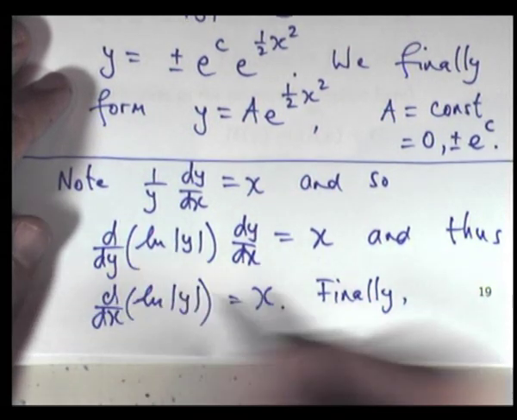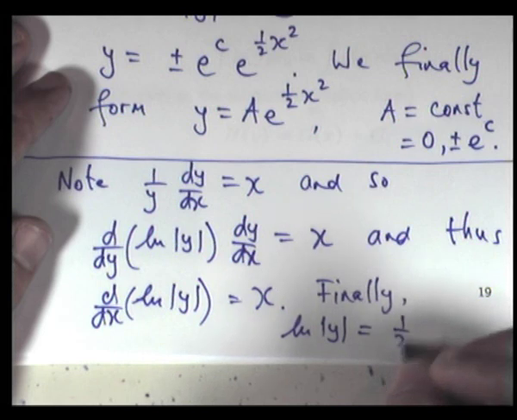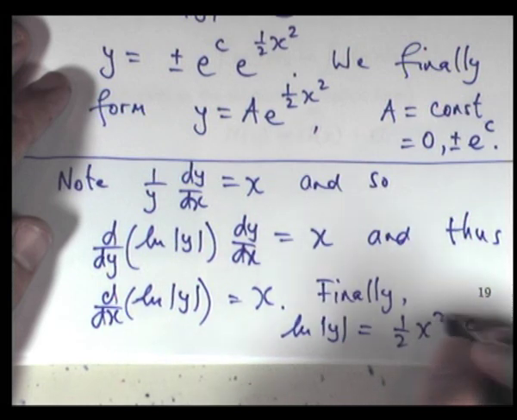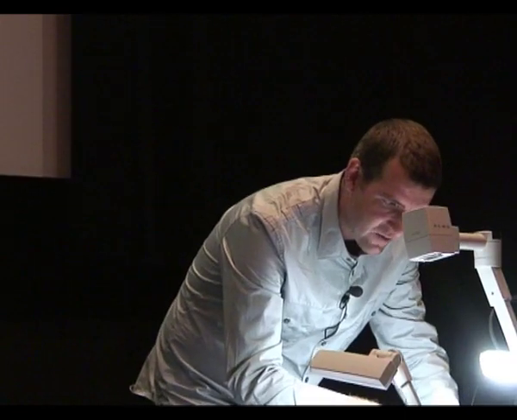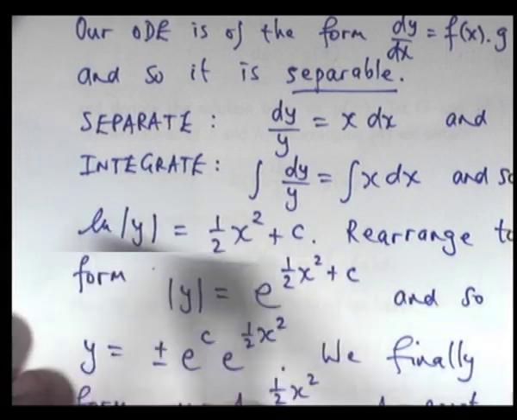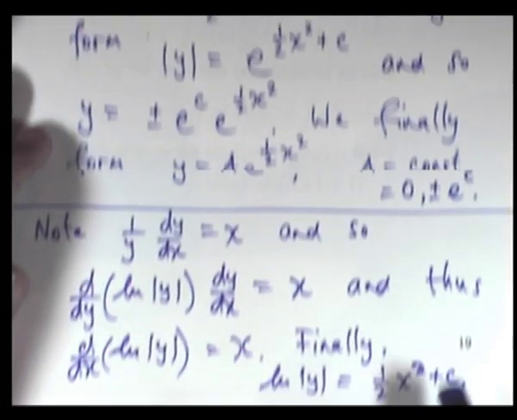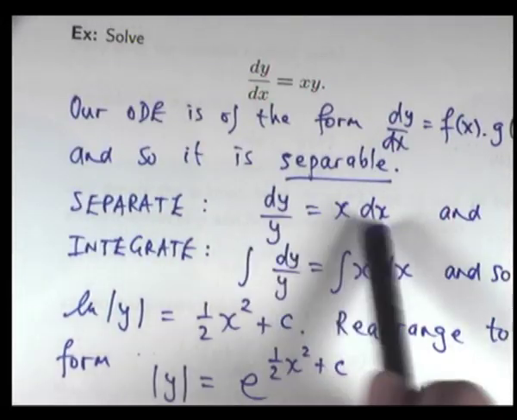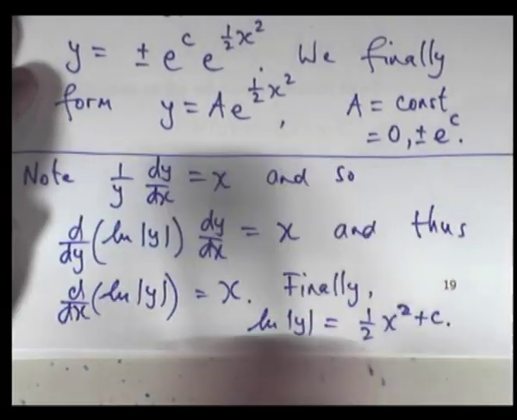So we integrate, we get log y equals a half x squared plus c. If we look back to our solution up here, this is exactly what we came up with. But we didn't spend a lot of time messing around with this. We just separated the variables and integrated. But the justification for that is given down here.